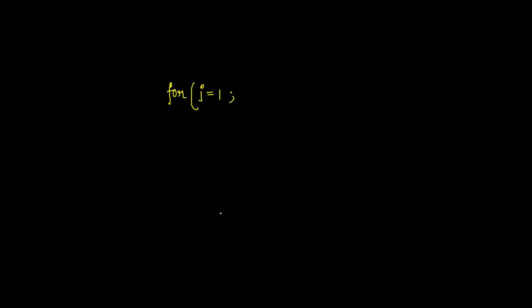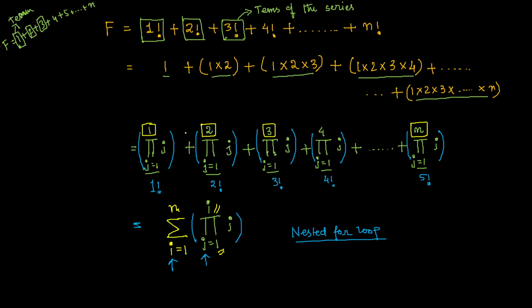Go up to I. That means j lesser than or equal to I, j plus plus, and within this j, what I have to write? Basically, it's multiplication of all the j's.